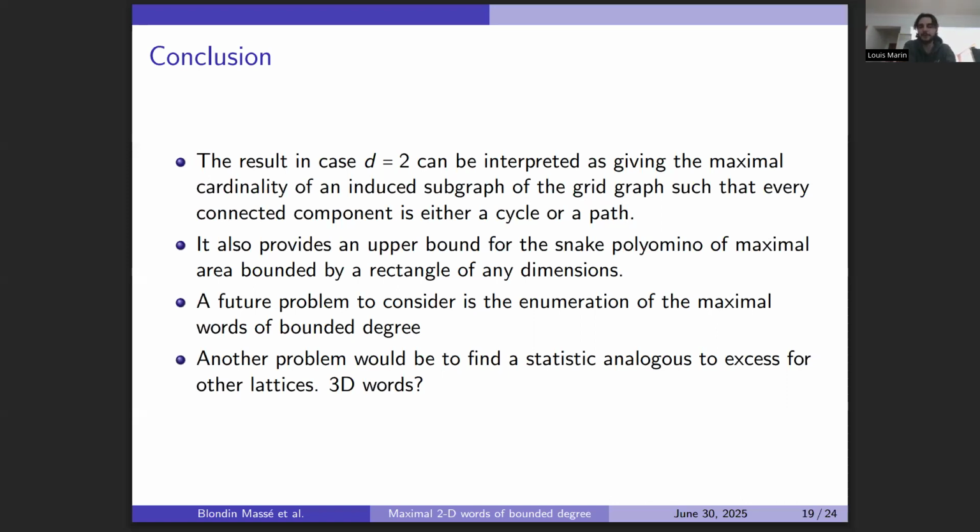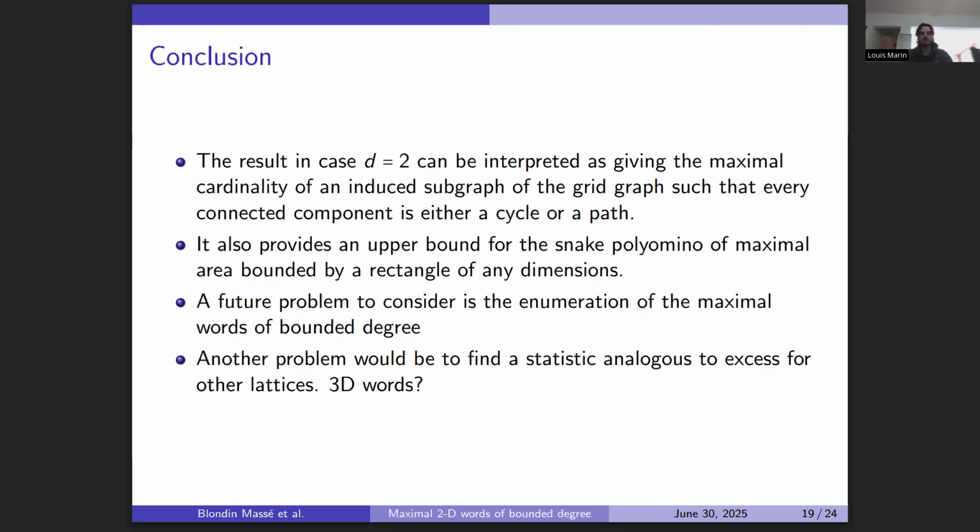For the case d equals 3, we used a statistic called excess, and a similar idea on the dominating number of the grid graph also appeared there.